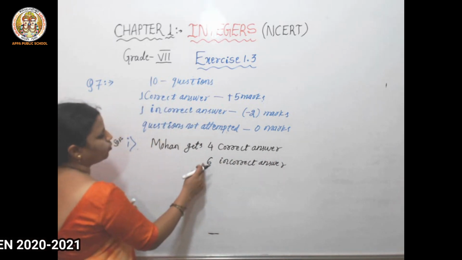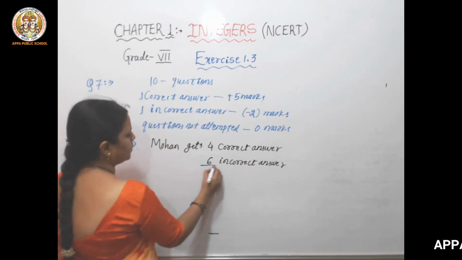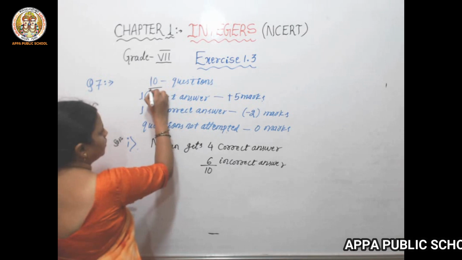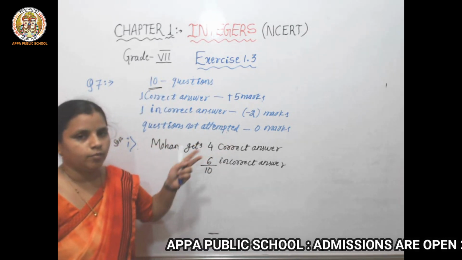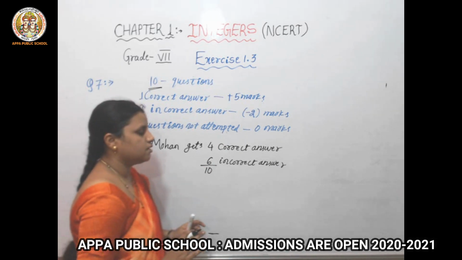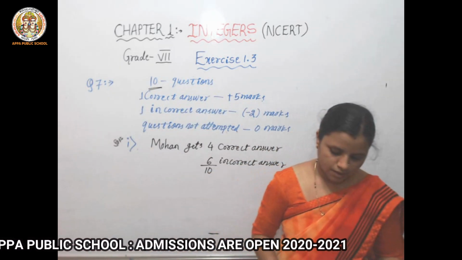You see, 4 plus 6 is 10. So in the test we have 10 questions and there is no matter of a not attempted question. So 4 correct answers and 6 incorrect answers.